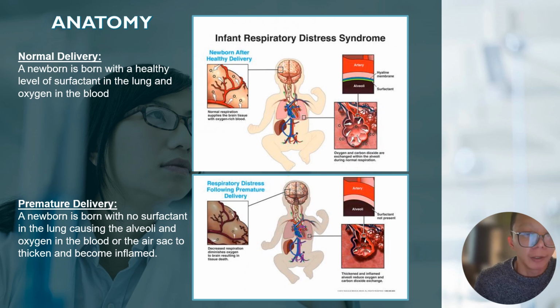However, if they are born prematurely, the lack of surfactant causes the alveoli, or air sacs, to thicken and become inflamed, making it hard to breathe. This reduces the amount of oxygen-rich blood that reaches the brain and other tissues in their body. So that is the main anatomy of NRDS.